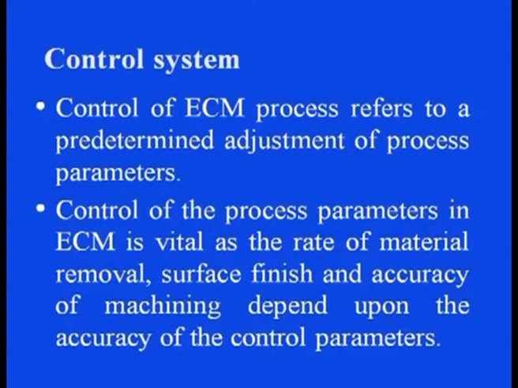Let us see the control system involved in the ECM system. The control of the ECM process refers to a predetermined adjustment of process parameters. Control of the process parameters in ECM is vital as the rate of material removal, surface finish and accuracy of machining depend upon the accuracy of the control parameters.